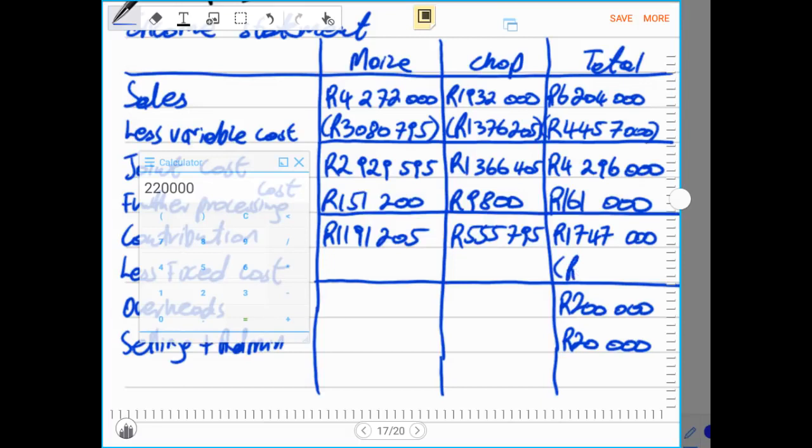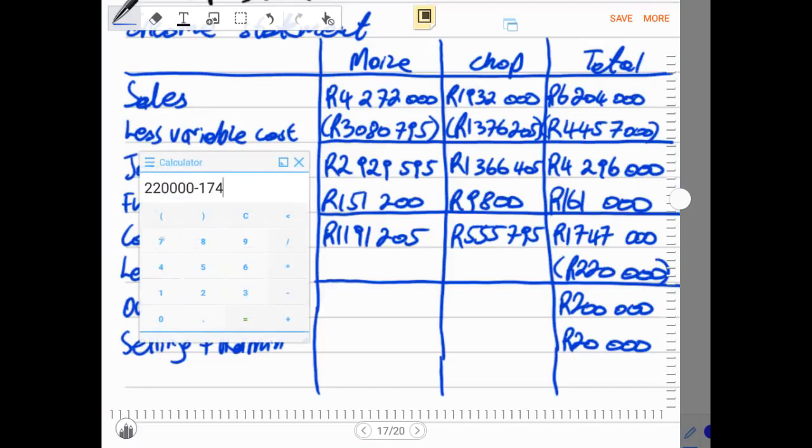Therefore now our fixed cost becomes 220,000. 220,000 minus 1,747,000.